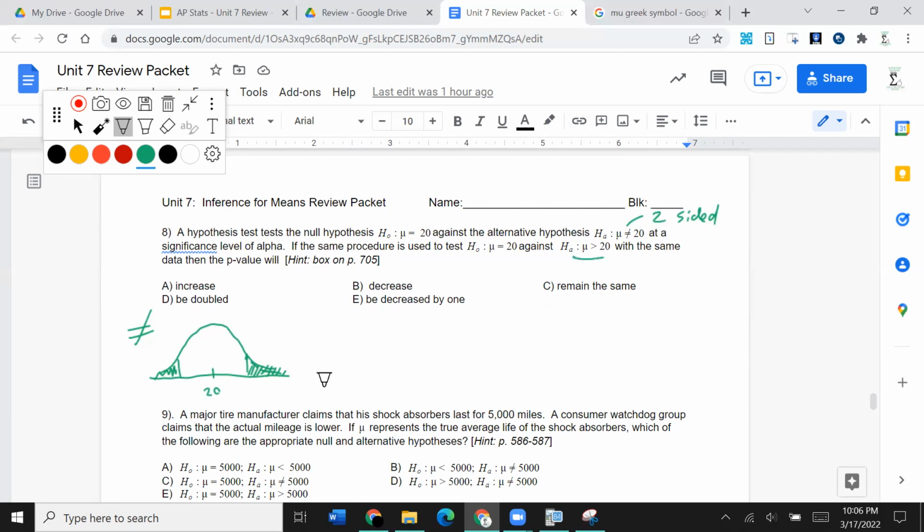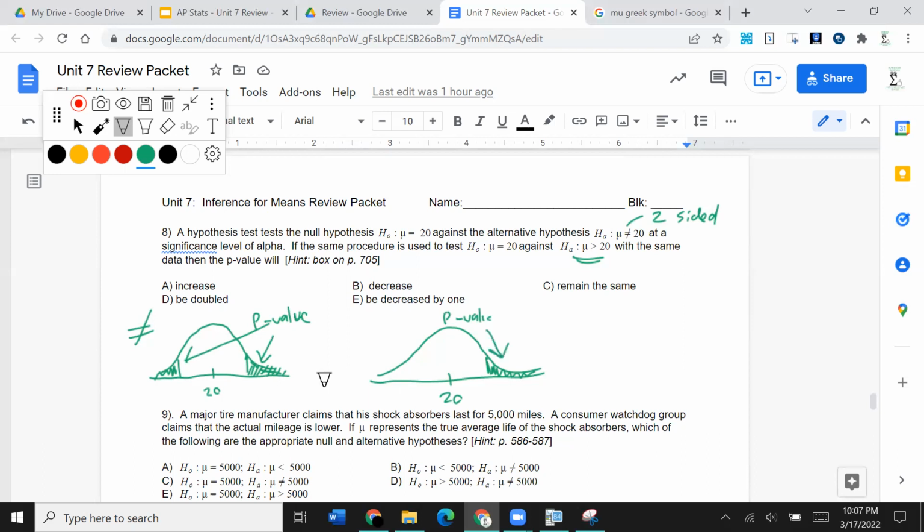Now, what happens in a one-sided test, whether it's greater than or less than, is you're only testing that side on that direction of it. So what's going to happen is your p-value here, remember your p-value is the probability that it falls under these tails. The p-value in this case is these shaded areas combined. Now in this case here, your p-value is only going to be this shaded area.